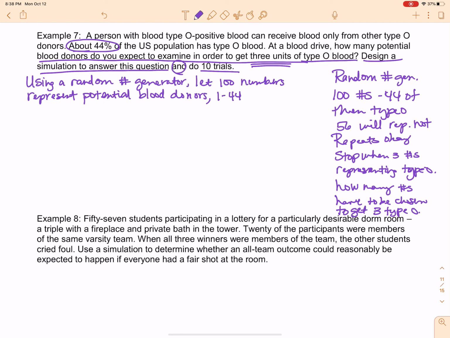One through 44 will represent those with type O. Sorry, my handwriting is getting sloppy. I should type these, but I'm not.